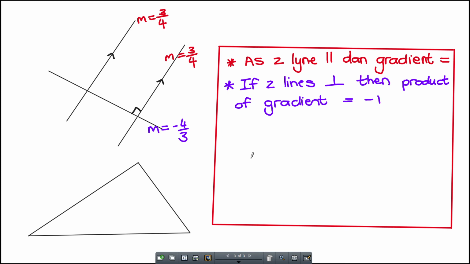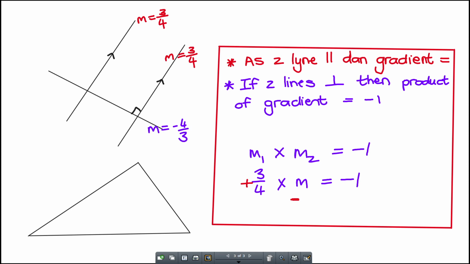The one gradient times the second gradient must give me -1. Okay, so this gradient which we had was 3/4. I don't know what that gradient is, but if I multiply, it should give me -1. In a nutshell, the easiest is, this one is positive, so I know that answer must be negative, to give me a negative answer.